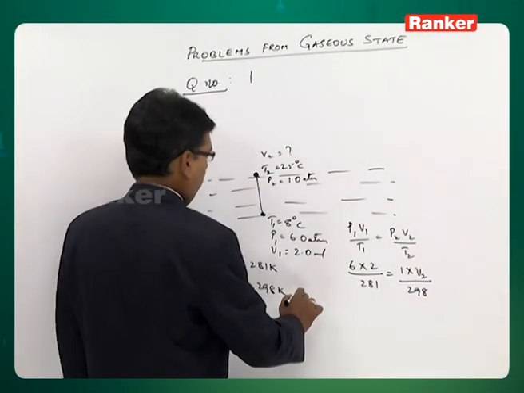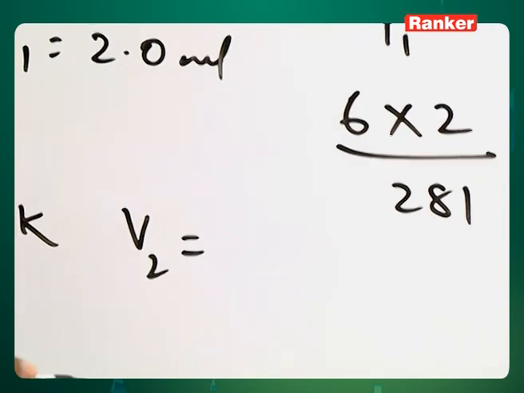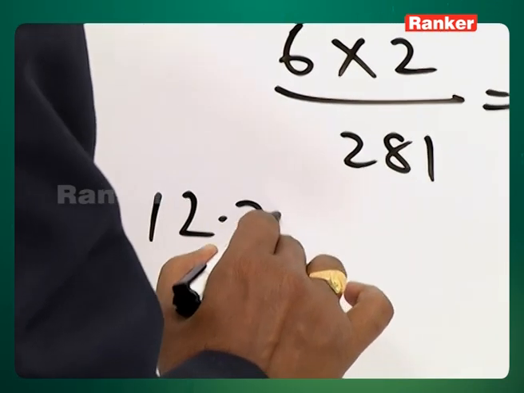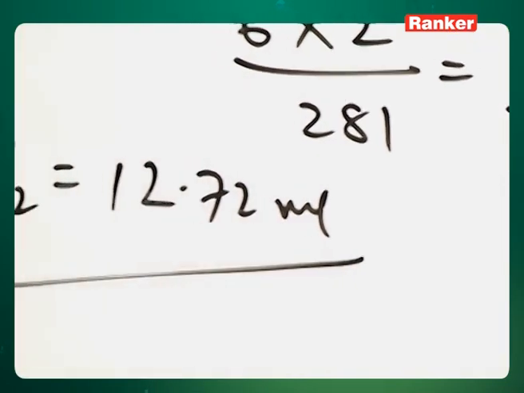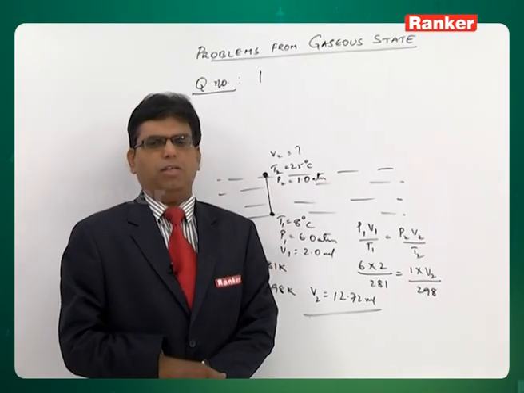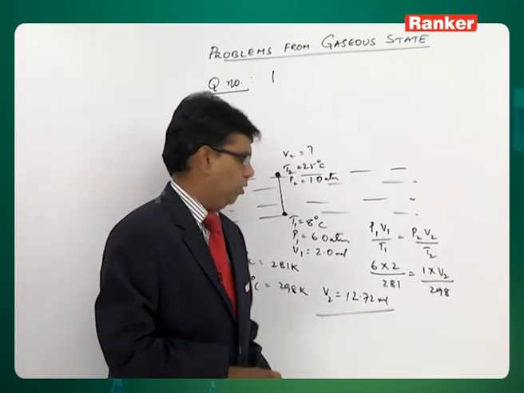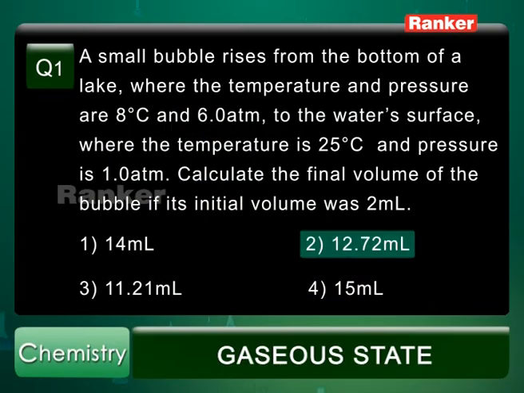From this if you calculate, you will get V2 as 12.72 ml. So it is a simple question based on the ideal gas equation, P1 V1 by T1 is equal to P2 V2 by T2.